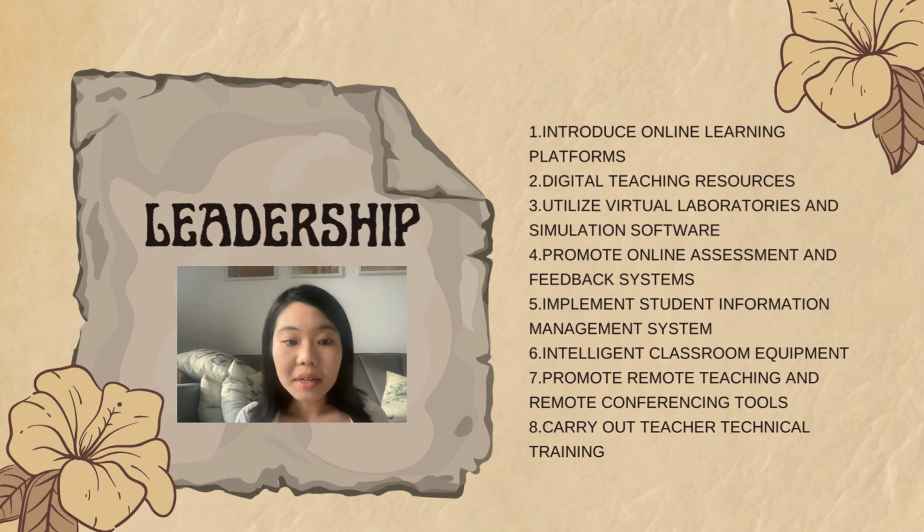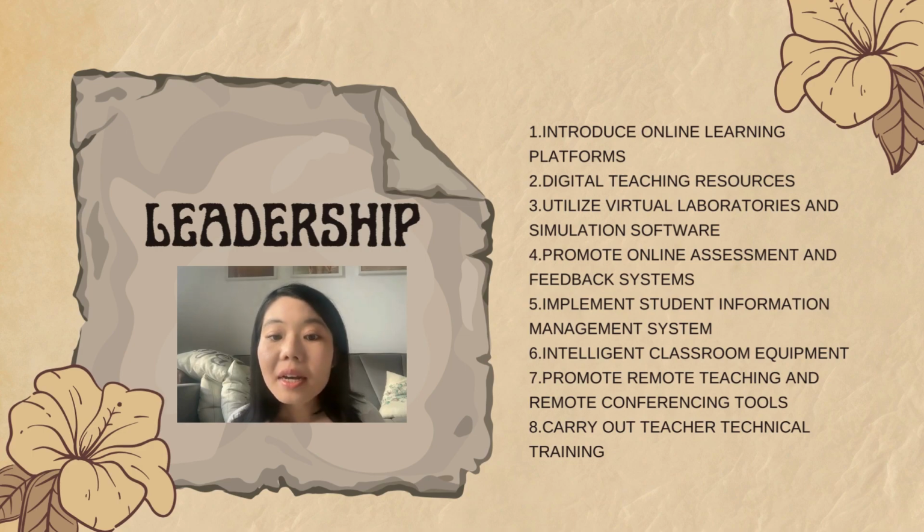The third one is utilize virtual laboratories and simulation software. Provide virtual laboratories and simulation software for experimental courses such as science and engineering to reduce experimental costs and ensure that students can learn in a safe environment.